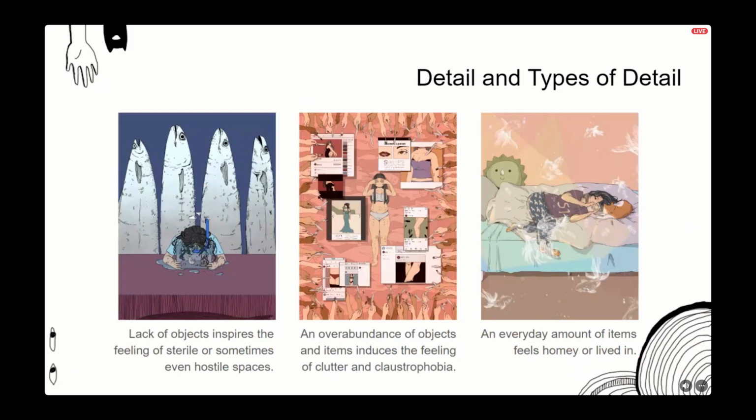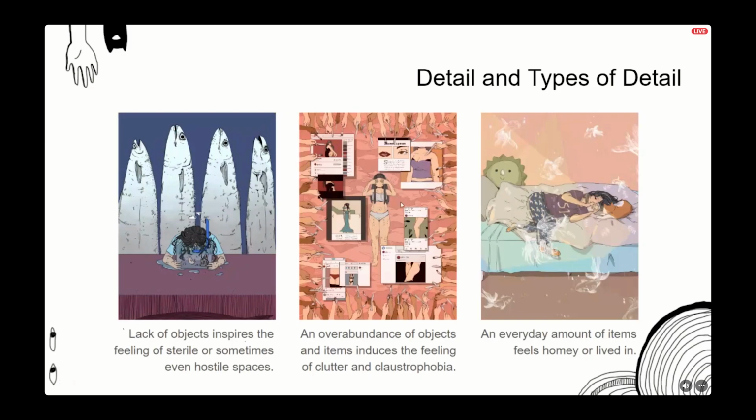So oftentimes I will use either the lack of objects that inspires the feeling of sterile or sometimes even hostile spaces. So literally just having nothing except these fish around her helps to create this feeling of loneliness and just kind of like the fish are just watching her.